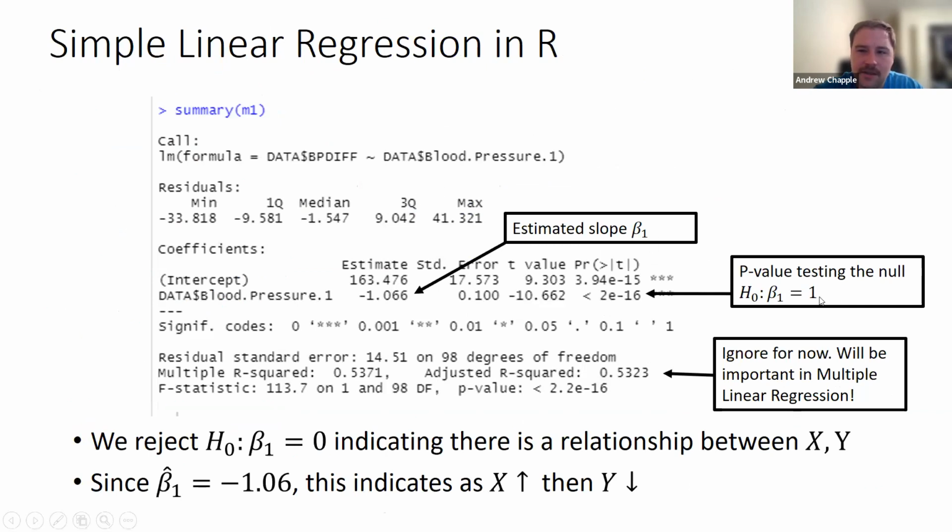This is my p-value, and this is actually testing the null beta 1 equals 0. Sorry about that mistake. Here I have this adjusted r squared. Don't worry about it right now, but it's important in multiple linear regression. So again, since the beta 1 hat is negative, that indicates as x increases, y decreases.